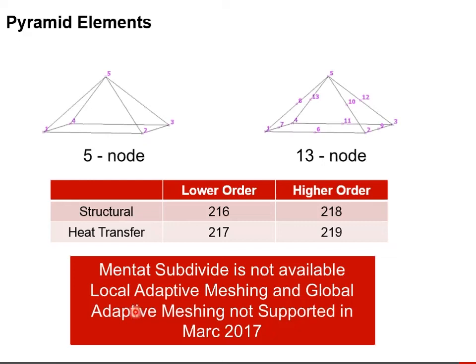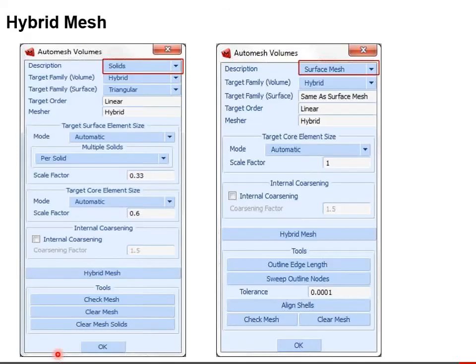They're really used as transition elements between a hexahedral mesh and a tetrahedral mesh, as we'll see here in a minute. There are some limitations. You can't use subdivide with these elements, and local adaptive meshing and global adaptive meshing are not yet supported. So there are two ways of doing this.